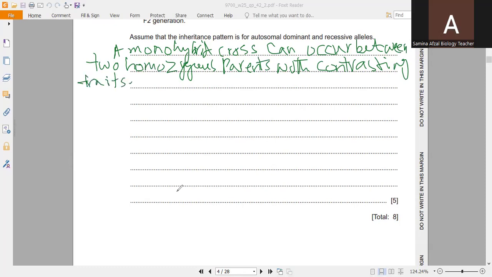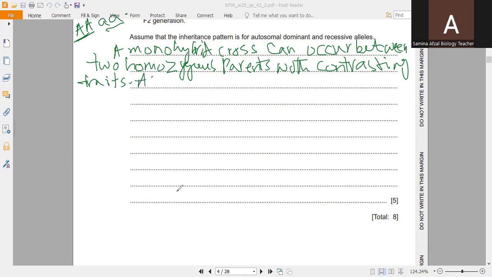Homozygous means capital A, small a. One will show the dominant characteristics, the other will show the recessive characteristics. So the capital letter shows the dominance, and small letters will show the recessive characteristics.